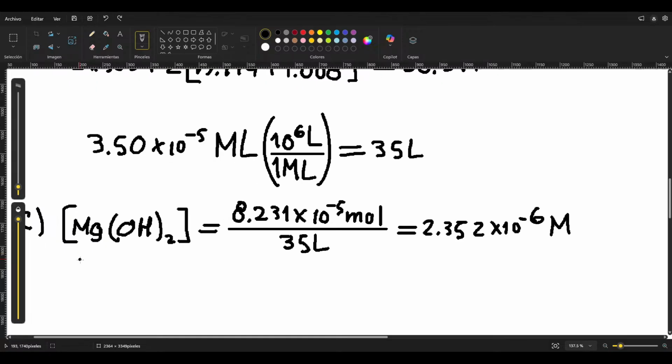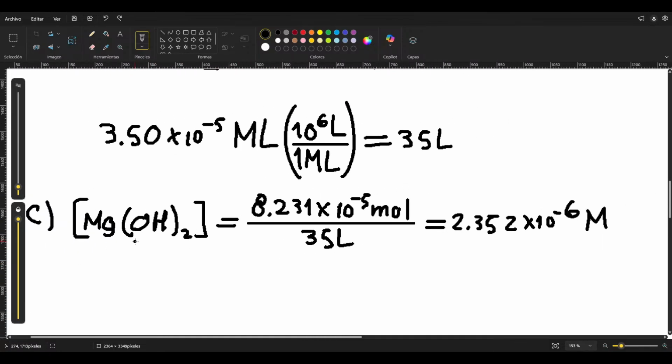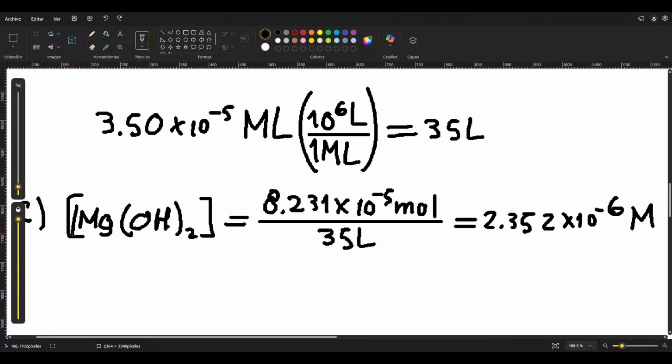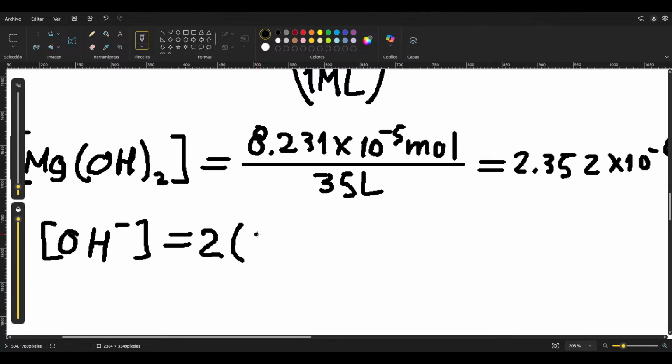So look at this. Here we have a 2. This means that for every mole of magnesium hydroxide, we're going to have 2 moles of hydroxide ions. So basically the concentration of hydroxide ions is going to be 2 times the original concentration.